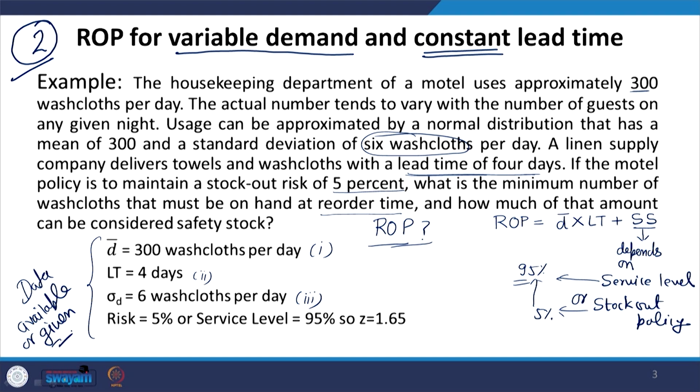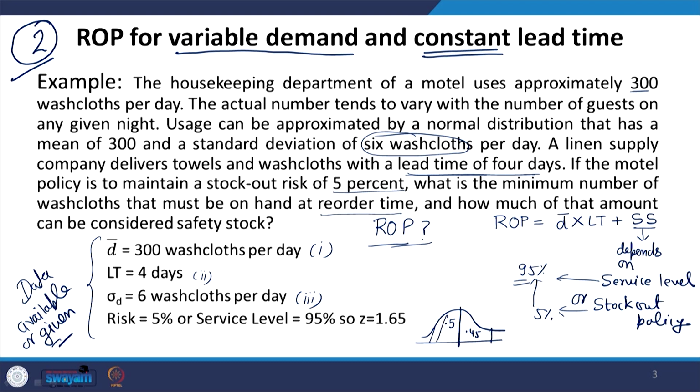So, this is the data given to us: mean demand is 300 units per day, lead time is 4 days, standard deviation of demand is 6 units per day, your stock out risk is 5% or service level is 95%, and corresponding to this 95% service level, because my demand is normally distributed, the area on this side is 0.5 and on this side you want to cover 0.45.